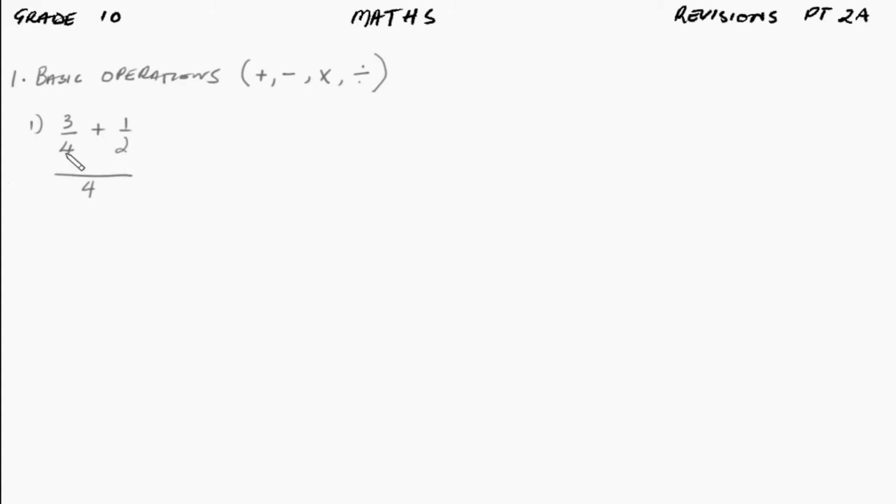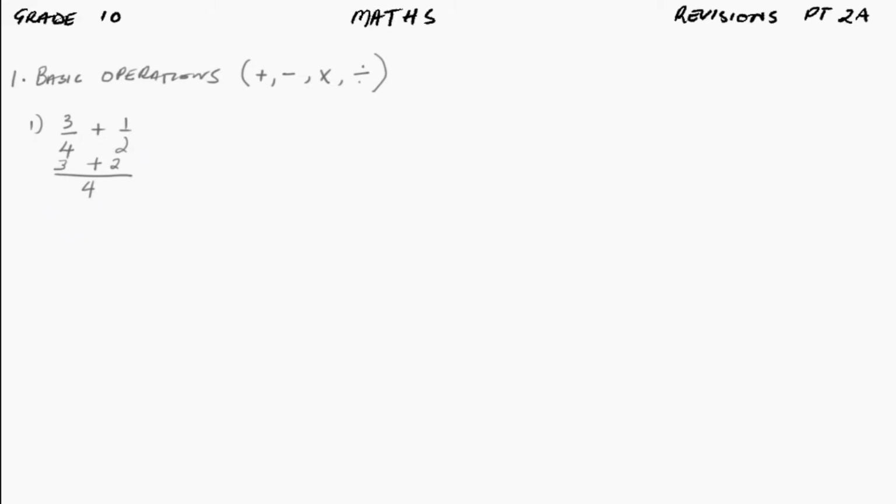Then we say 4 into 4 goes once, one time. Then 1 multiplied by 3 becomes 3. Then we say plus, 2 into 4 goes 2 times. Then 2 times the numerator here, which is 1, is going to be 2.